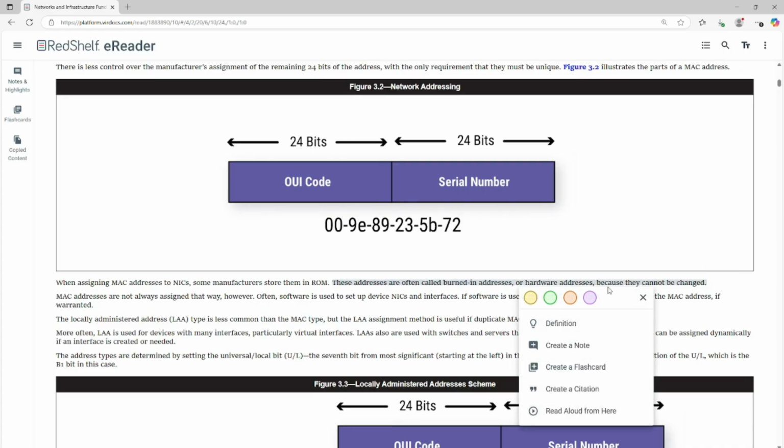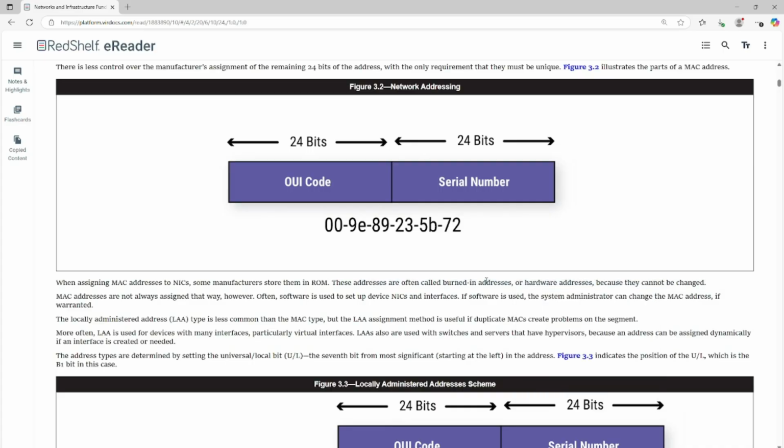Burnt means it's been embedded. It's like a social security number. If you have a social security number, rarely would it be changed. I know they aren't apples to apples, but a social security number is meant not to be changed. On rare circumstances will social security numbers be changed. MAC addresses, they don't.